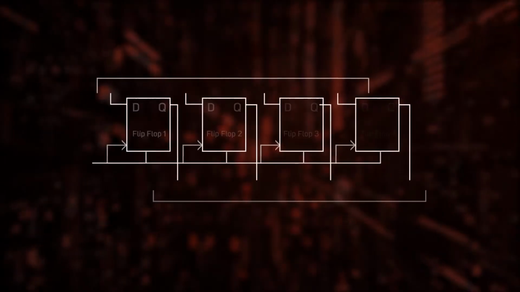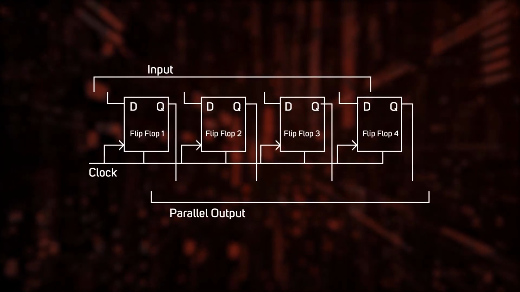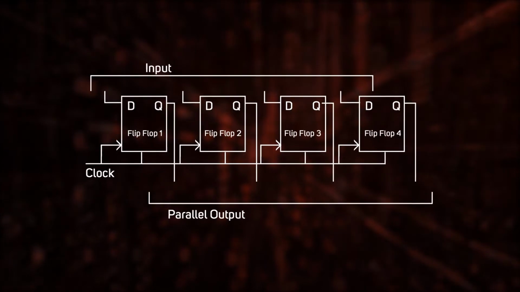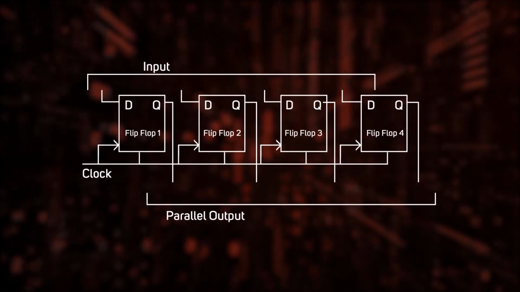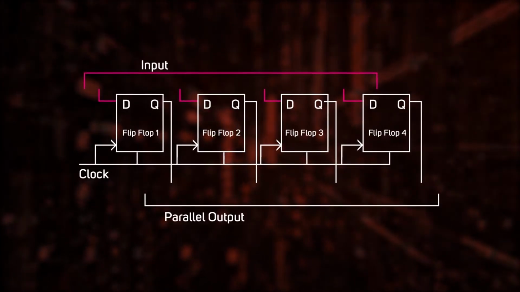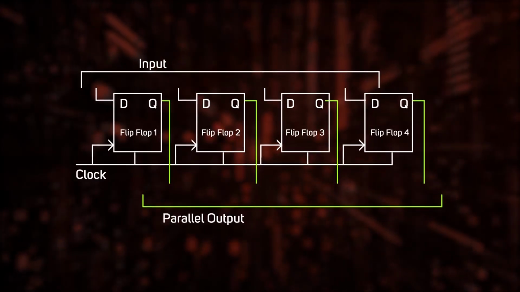Look at the logic diagram of a PIPO register and let us analyze how the values are shifted inside the register. Please count the number of inputs and number of outputs to this register. There are 4 inputs, 1 to each flip-flop, and there are 4 outputs, 1 from each flip-flop.